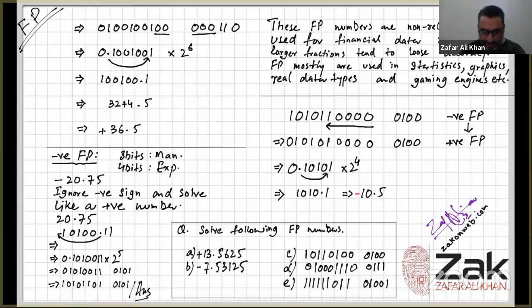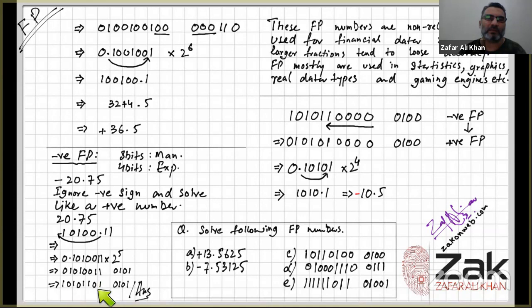Now, afterwards, we know that this is a positive 20.75. We have to convert it to negative form. For that, what we do, we keep the exponent same. Remember, we keep the exponent same. And in the mantissa, from the right side to the first one, we keep the digits same and toggle the rest, convert the rest to their opposite.